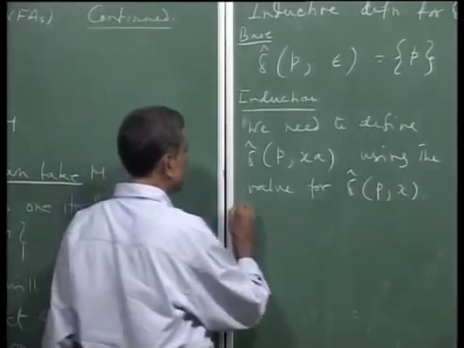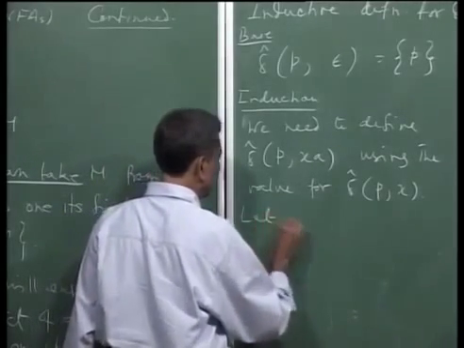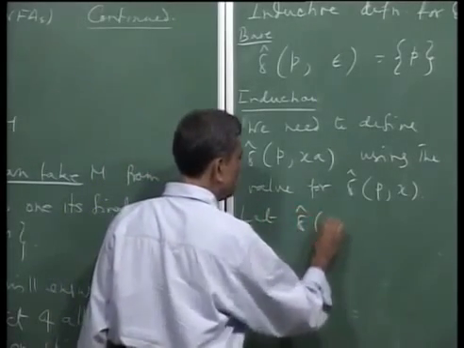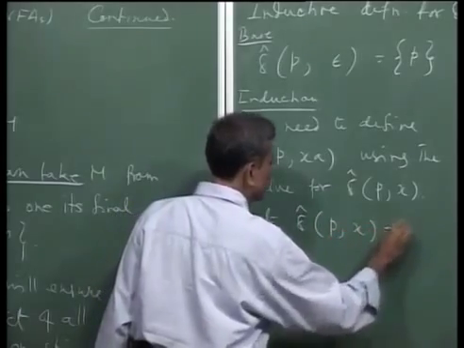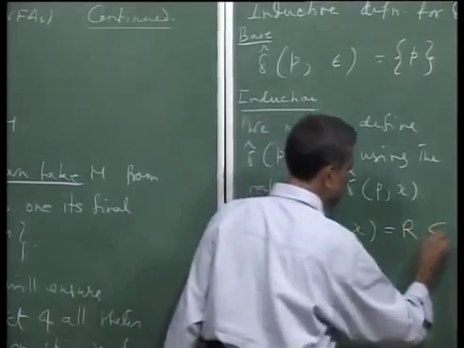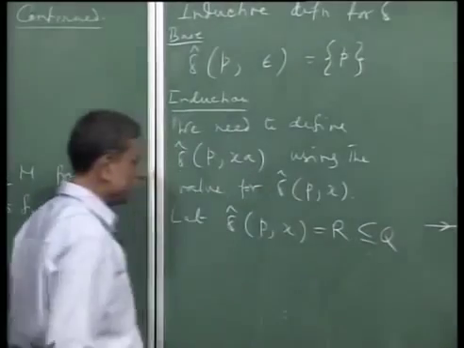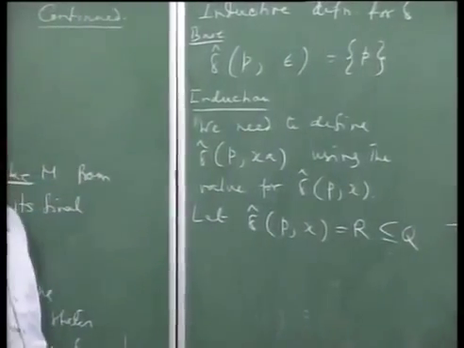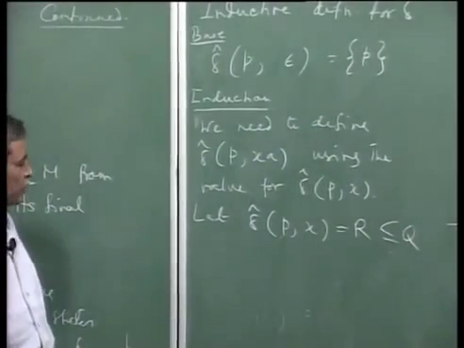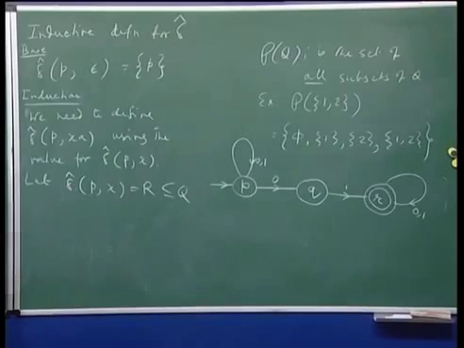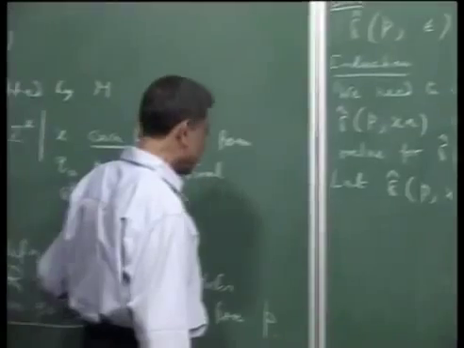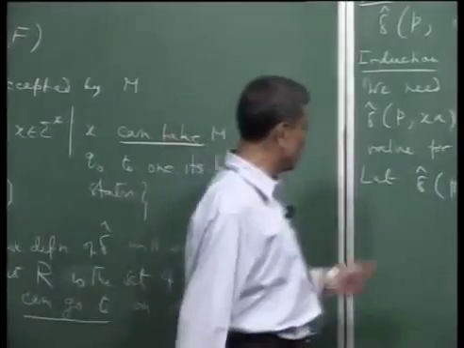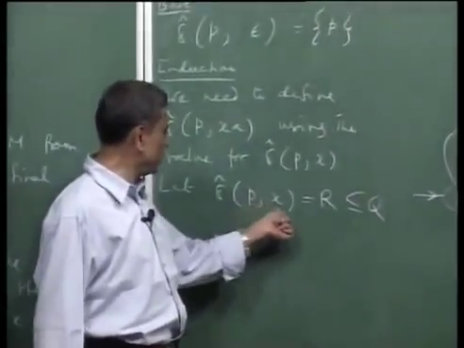So let delta hat of P of x be R, which is of course a subset of Q. Remember, that means this is the set of all states the machine can go to, inductively we assume that this assertion will hold here, from the state P on the string x.